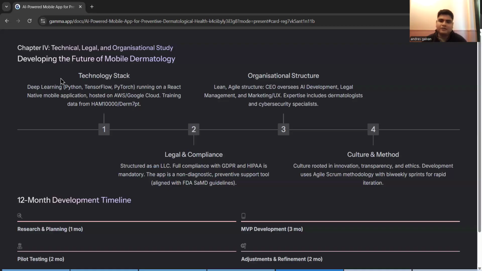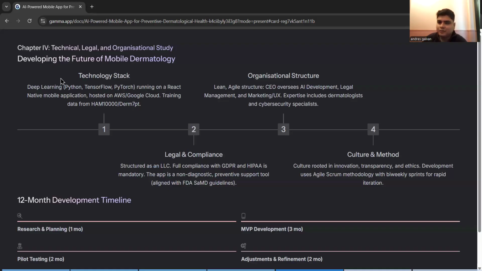Now moving on to the organizational structure. This company will have a leadership with an agile model, led by a CEO, who coordinates three core areas: AI development, legal management, and marketing and UX, as I mentioned before, which is responsible for communication. The AI development group leads the data scientists and developers.